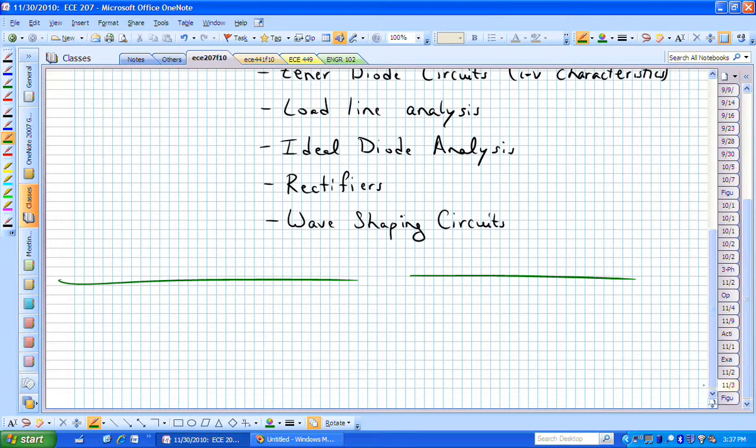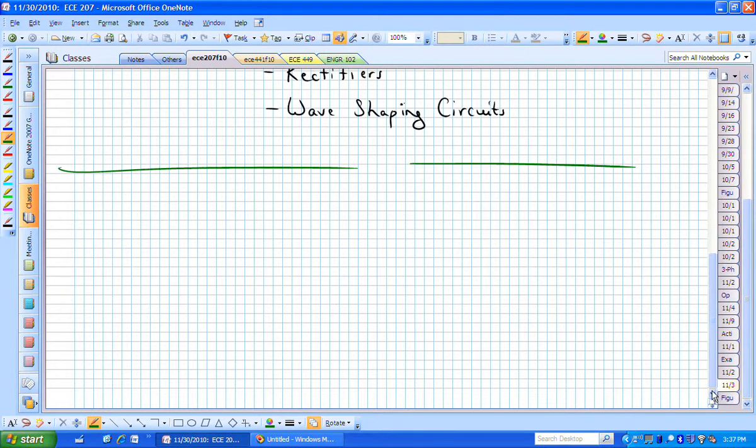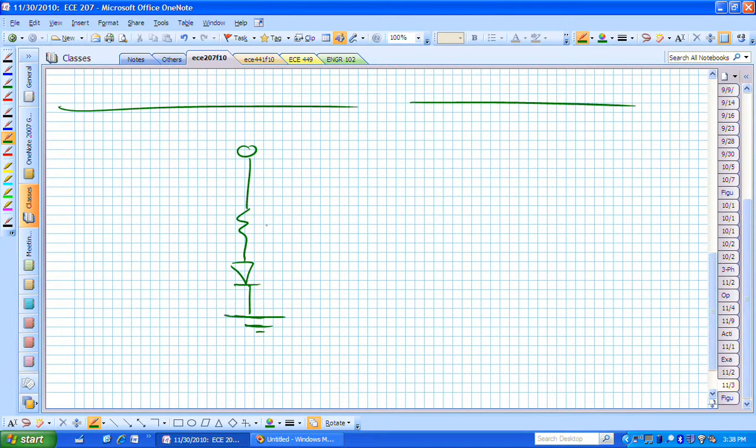We talked last time, I think, we were just finishing with a particular circuit that you were going to use or could be used to turn on a diode.